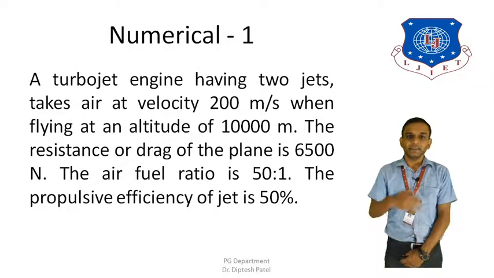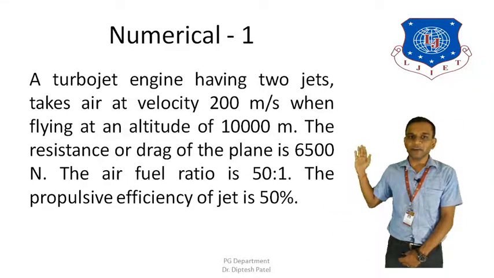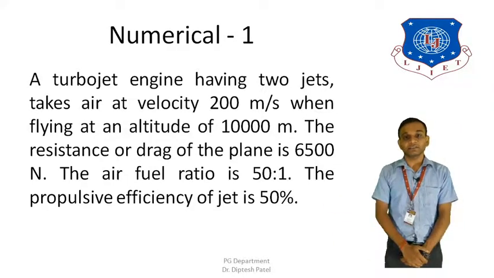That is the velocity of air which is entering into the engine when flying at an altitude of 10,000 meter. So the height of the aircraft is 10,000 meter. The resistance or drag of the plane is given to us, and that is 6500 Newton. Means the thrust, right? The thrust is given to us, and that is 6500 Newton.